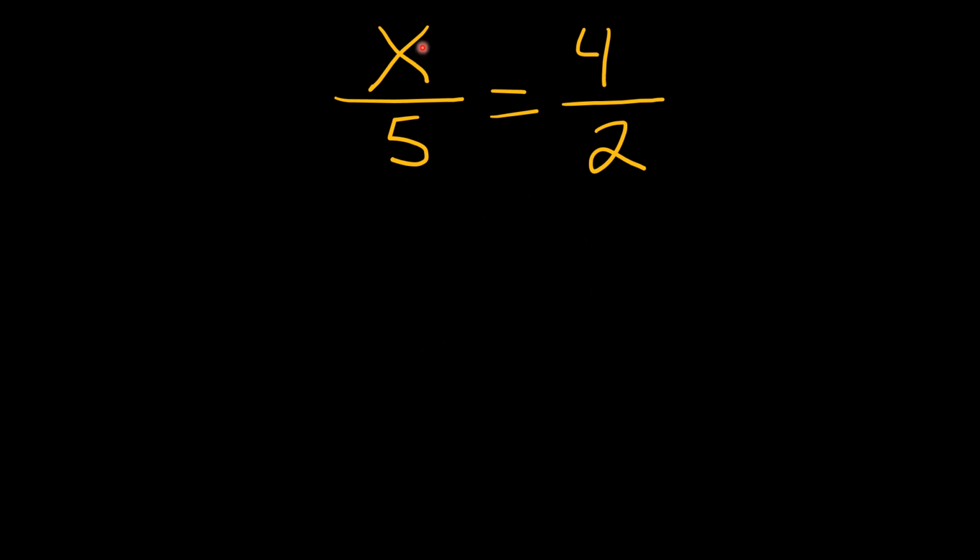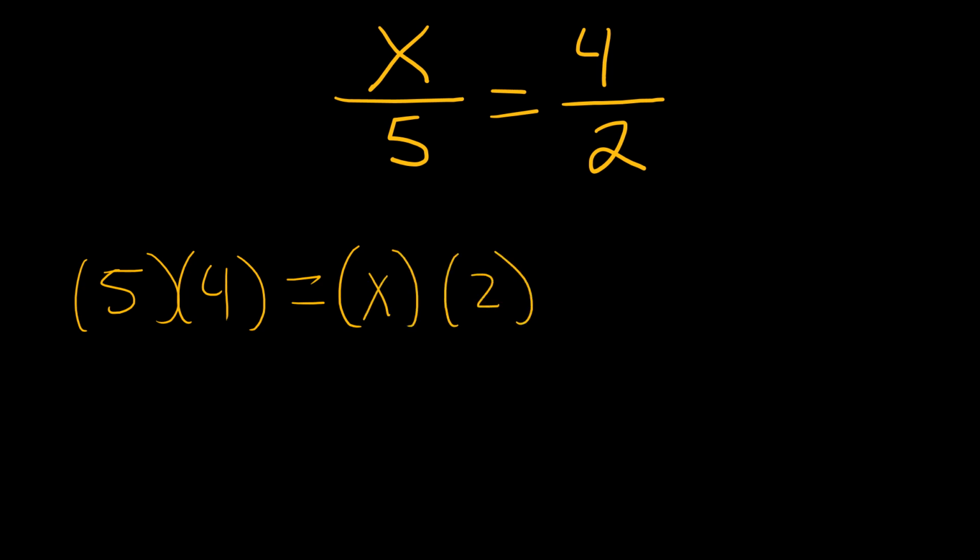So in our next example, we have x divided by 5 equals 4 divided by 2. Even though x is in the numerator this time, it's the same principle. We're going to cross multiply to solve for x. So let's do it. We'll have 5 times 4 equals x times 2.